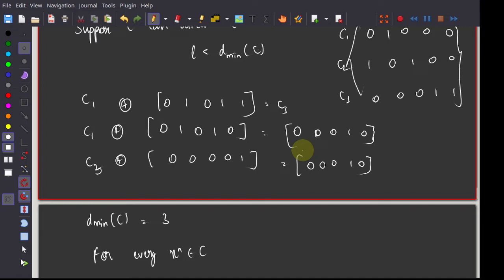So how exactly does the decoder operate? You receive a sequence. Given the received sequence, if it does not match a code word, it should flip in such a way that it matches the code.